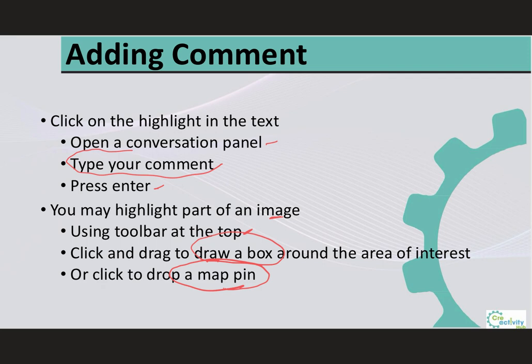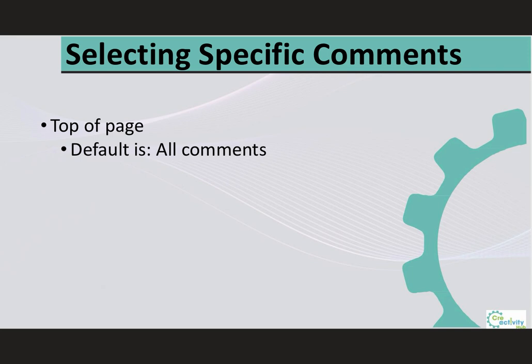Now, if you are still confused, you can go to YouTube and search for Perusall Help for Students, and several links will pop up and you can follow those instructions as well. Now, if you want to open a specific comment, make sure that you go to the top of the page. There's a tab that says All Comments, and that's the default tab.